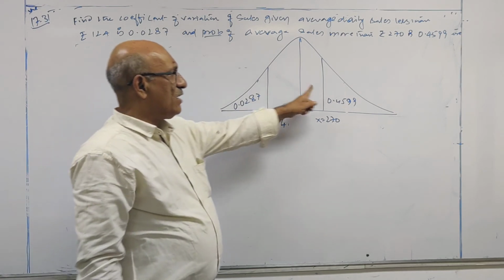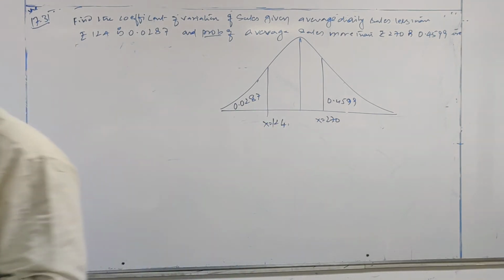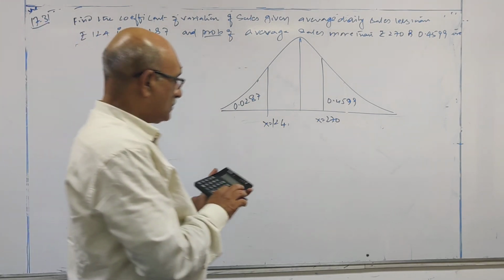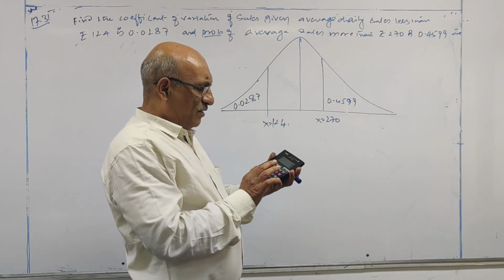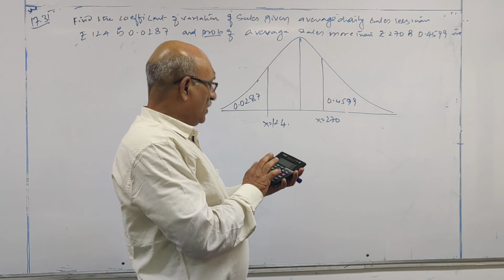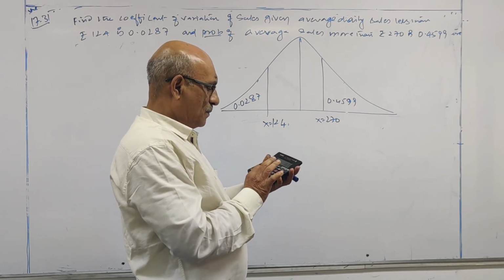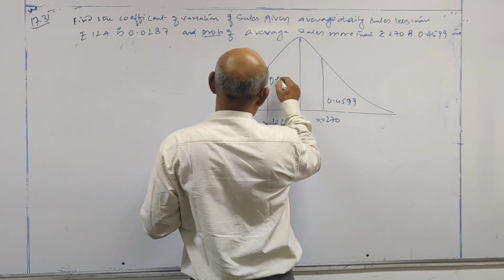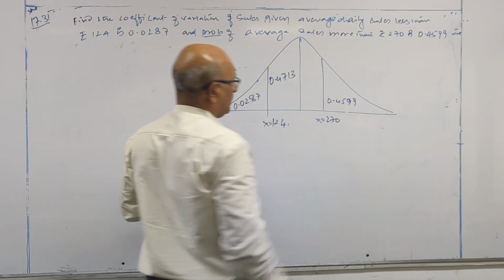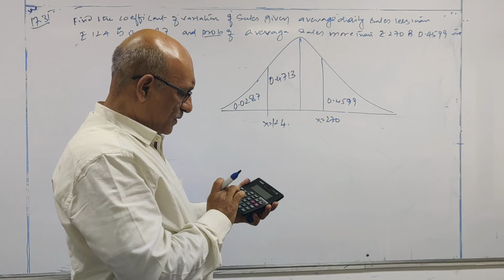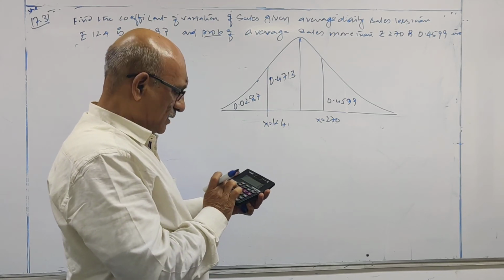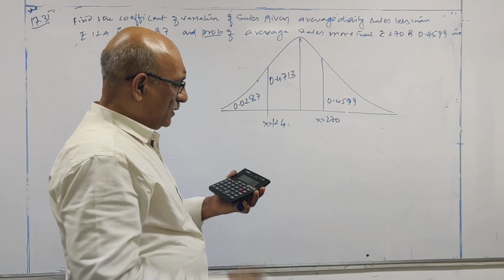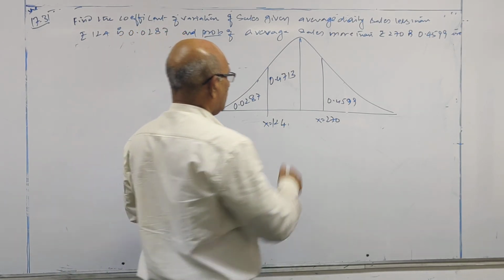So first of all, find out the remaining area. 0.5 minus 0.0287 is 0.4713. Next, 0.5 minus 0.4599 is 0.0421.